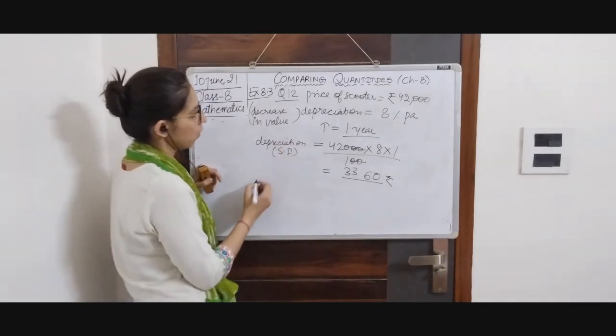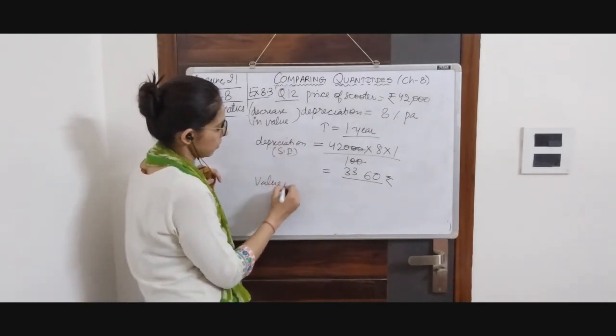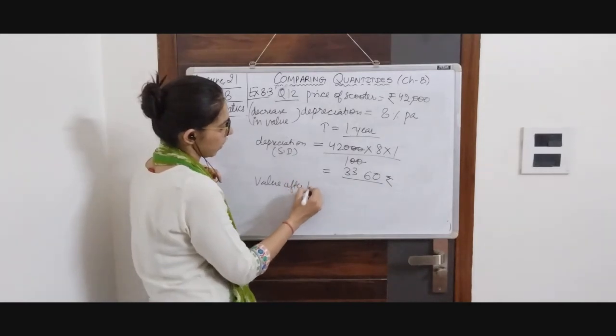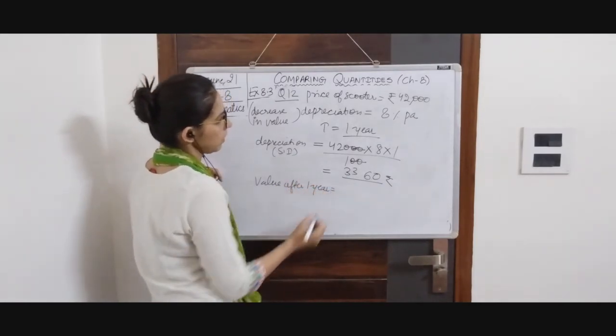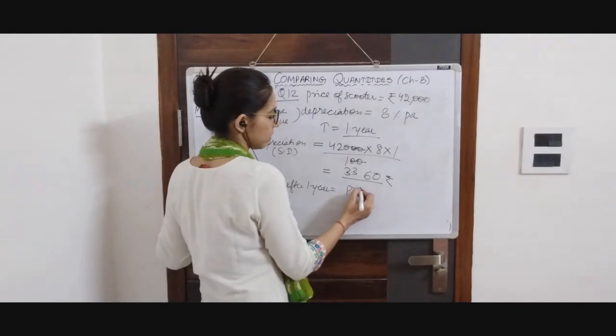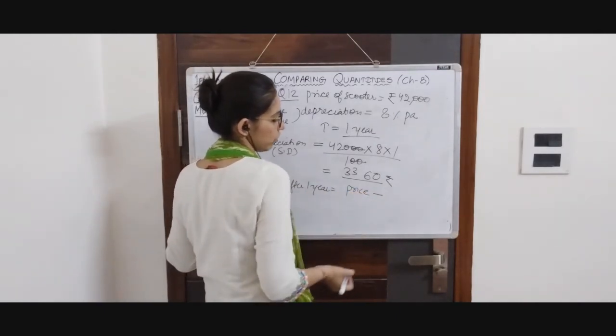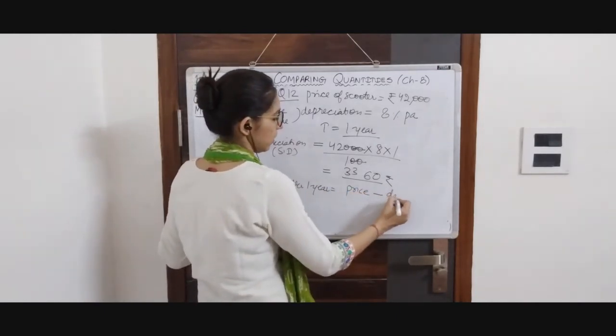Now the value after 1 year will be price minus depreciation, because it is depreciation we have to subtract it.